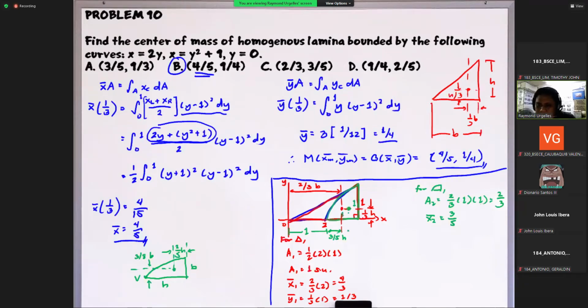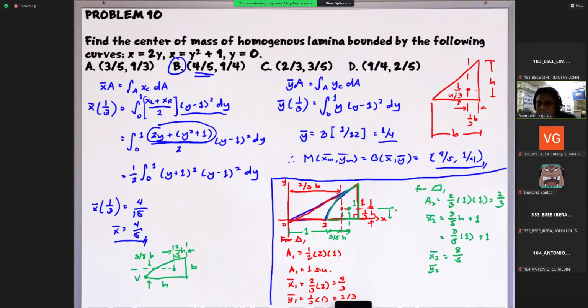Let's say our centroid is here. Then this is 3/5 of the height plus 1. So this will be 3/5 of 1 unit plus 1 unit, which is equal to 8/5. So that is our x2 bar. For our y2 bar, this is measured from the height. Let's say it's also there.